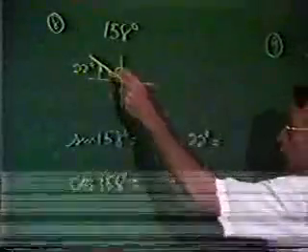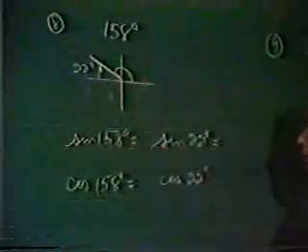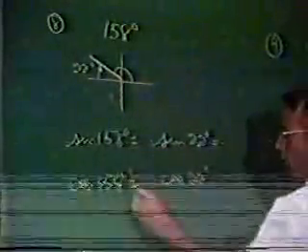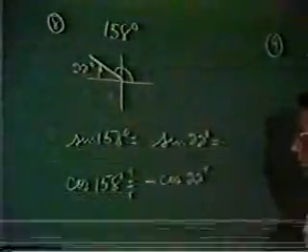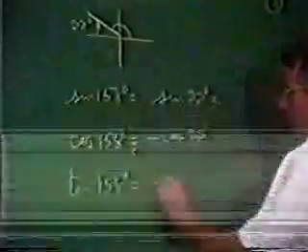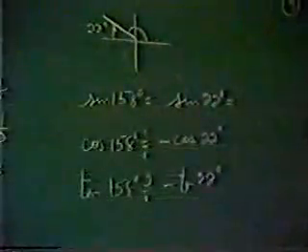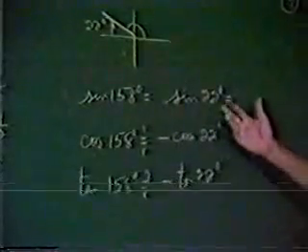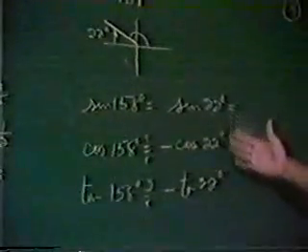Oh, wait a minute now. We need to plug in the plus and minus. Back here in quadrant 2, sine is positive. Quadrant 2, x over r, that's negative. And continuing, the tangent of 158 is negative the tangent of 22, because quadrant 2 is y over x, positive over negative. And if you look this up, you get your decimal values there that are in your notes.